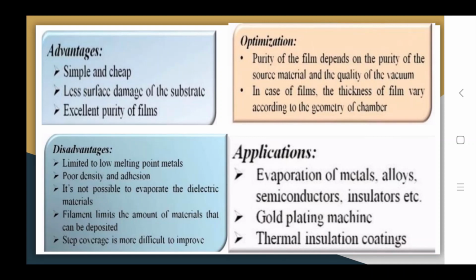If that material itself is impure, then the impurity also comes into the vapor form and will deposit on the substrate, so we will not get the exact property that we want. Then the thickness of films varies according to the diameter of the chamber because it depends upon the vacuum. If the sample size is larger, then automatically the chamber size will be larger accordingly, because we need a certain constant vacuum for doing this kind of modification.